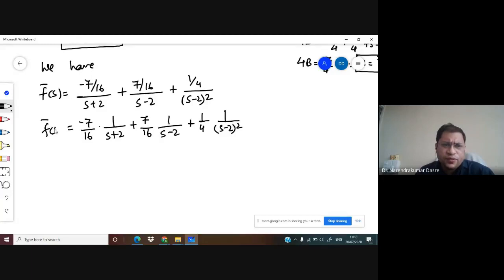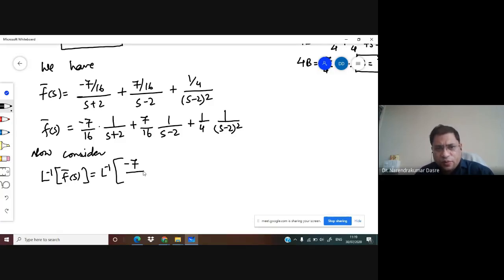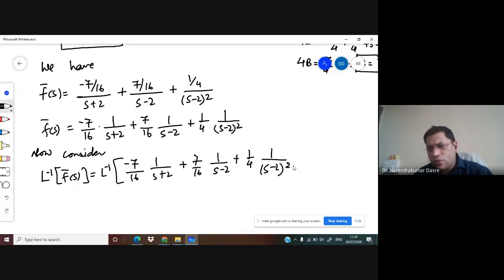Now we can take the inverse Laplace transform of this. So consider the inverse Laplace transform of f bar of s, which is Laplace inverse of minus 7 by 16, 1 upon s plus 2, plus 7 by 16, 1 upon s minus 2, plus 1 by 4, 1 upon (s minus 2) square.